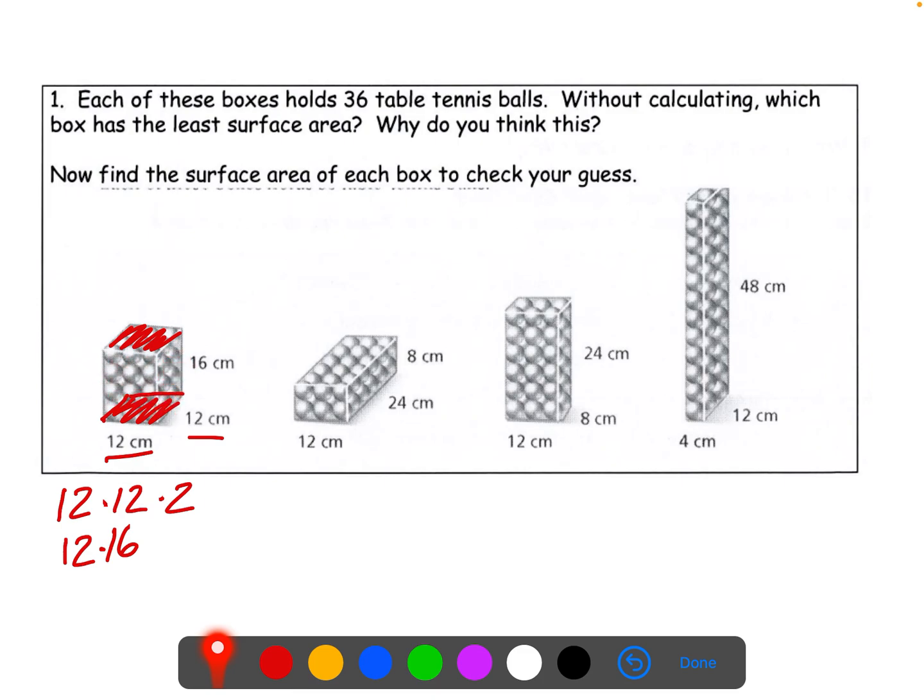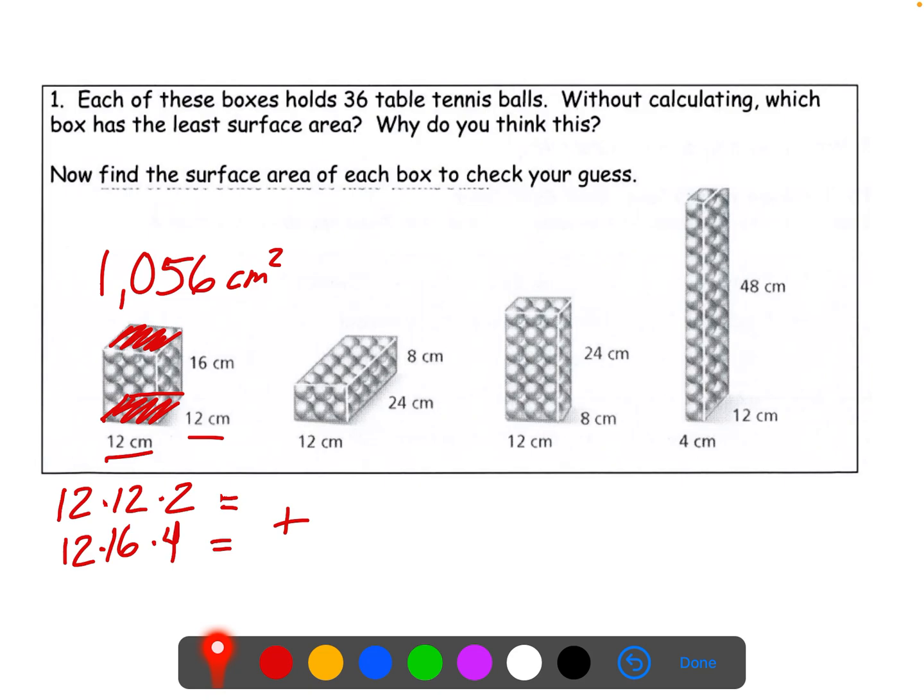There are 4 that would surround it, the front and back, the left and the right. And when those all get multiplied out and then added together, what you would get is a total surface area of 1,056 square centimeters.